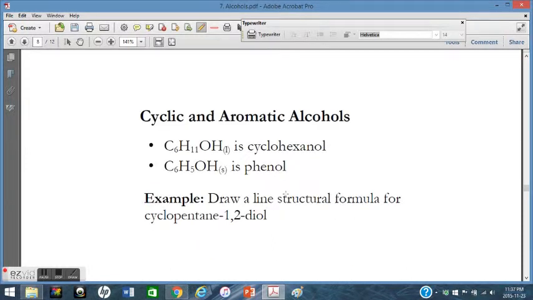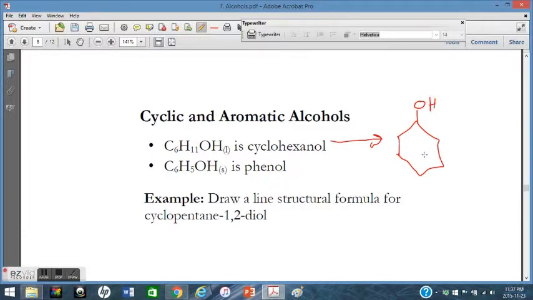Okay. We can also have cyclic and aromatic alcohols. So if we have C6H11OH, that would be cyclohexanol. Okay, so basically line structure for that one. For cyclohexanol, we start with cyclohexane and one of the carbons has the OH attached to it.